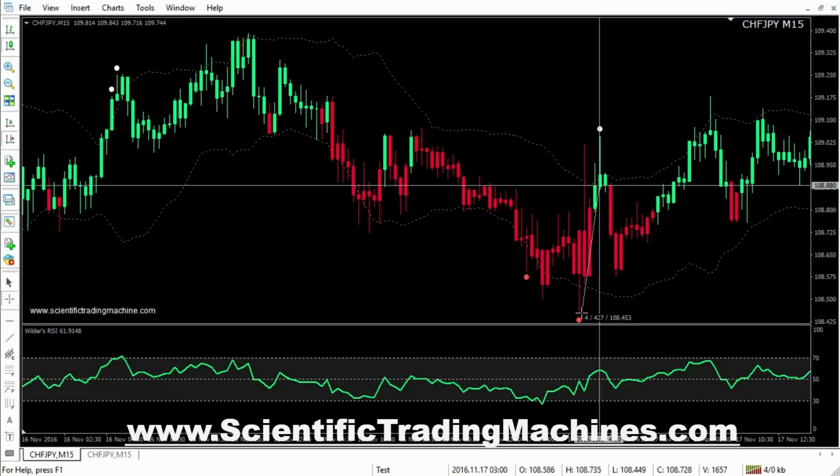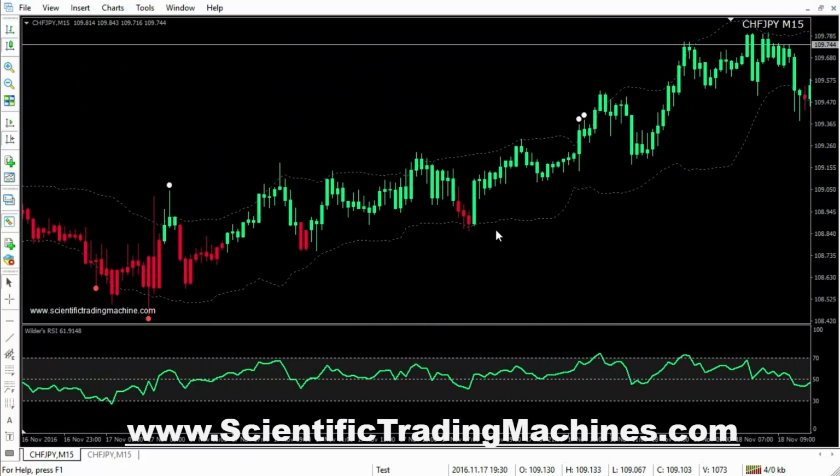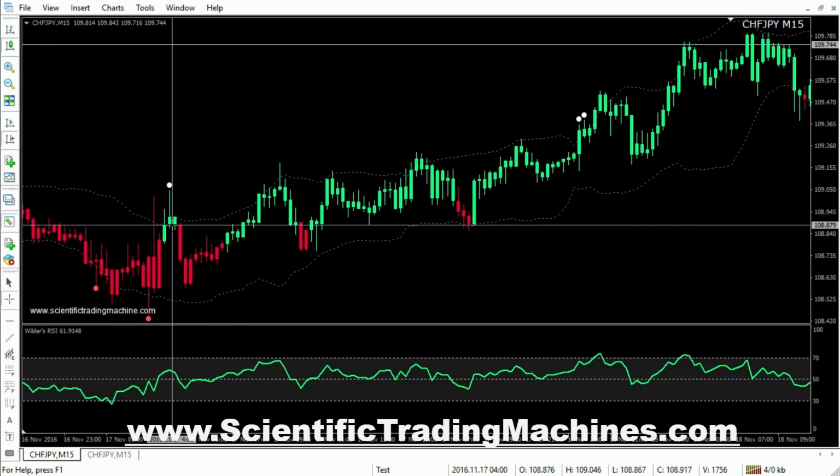Stop loss would go down here to the dot, so it's 42 points. So automatically our target would go where? To 84 points. So if you move on and check again, 84 would be over here.